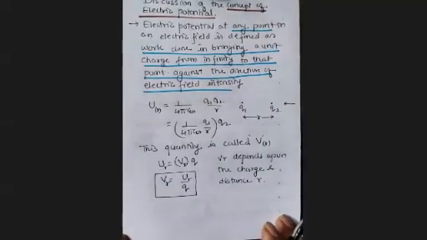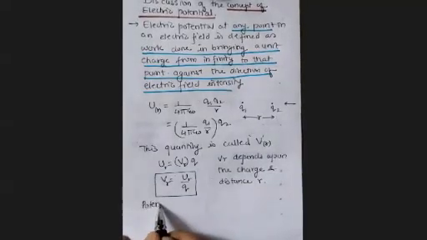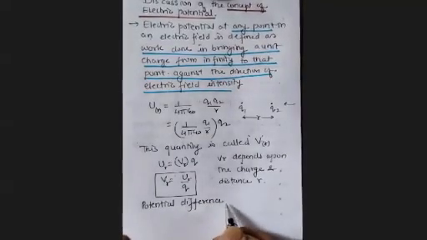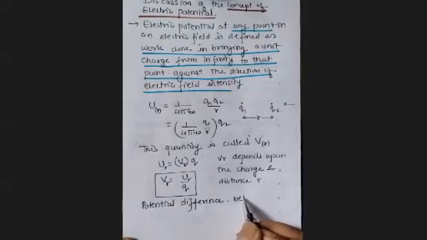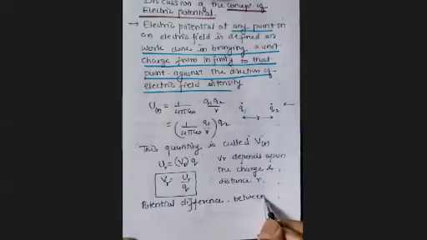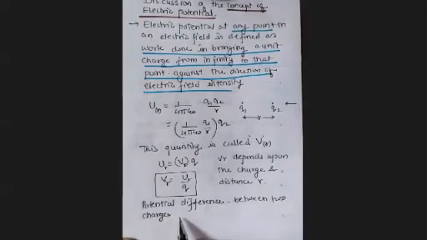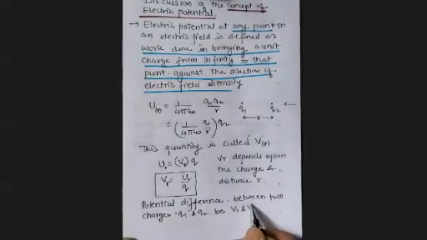Now if we talk about electrostatic potential difference, the potential difference between two charges, suppose Q1 and Q2 are two charges at potentials V1 and V2 respectively.